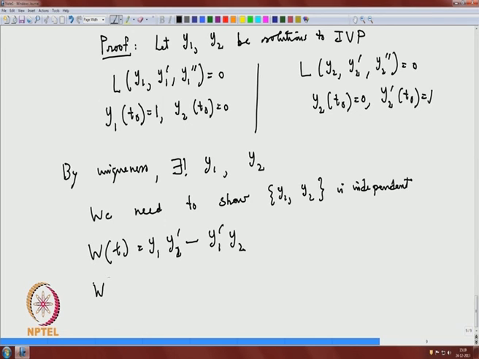And W at t naught is y1 at t naught, that is 1, times y2 prime at t naught, that is 1, minus y1 prime at t naught, that is 0, times y2 at t naught, that is 0. So W at t naught is 1, not equal to 0. That is trivial. So you have your two independent solutions.